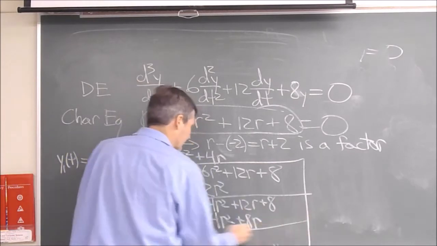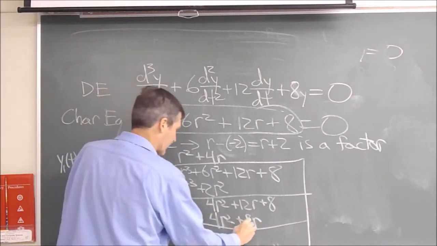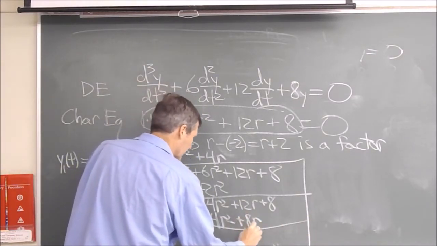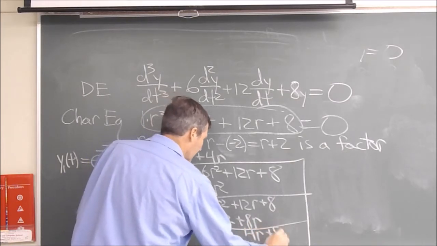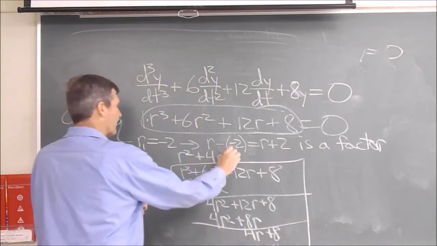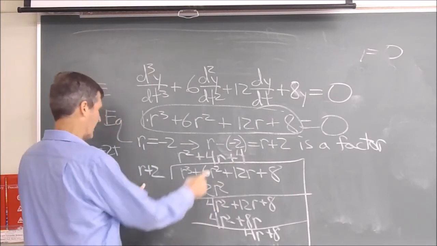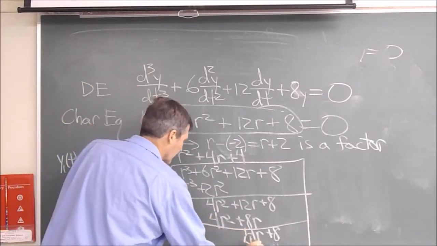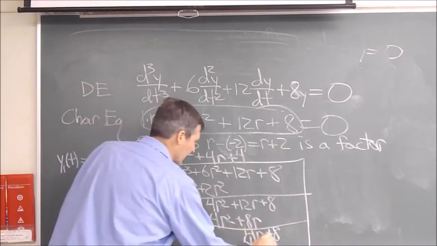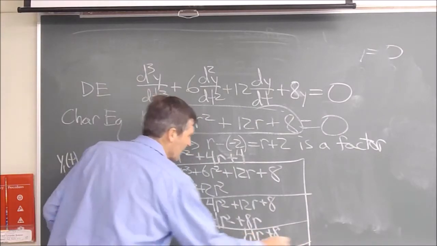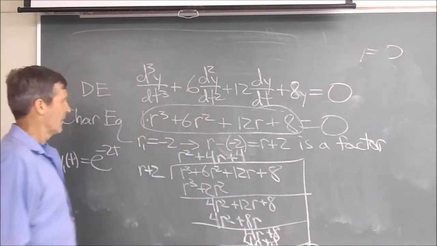Now I subtract those down, and these cancel, and I get 12r minus 8r is 4r plus 8. To get that, I can add 4. 4 times r gives the 4r. 4 times 2 gives 8, and these subtract out and give me 0.